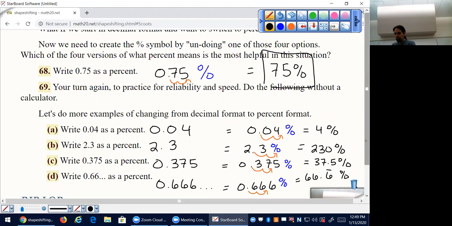The 0.666 forever still goes on, even after we scoot things. So don't round it to 0.67 unless it tells you to. My brain wants to tell me that I'm not doing it right, like there's more to it. Yeah, no, that's it.